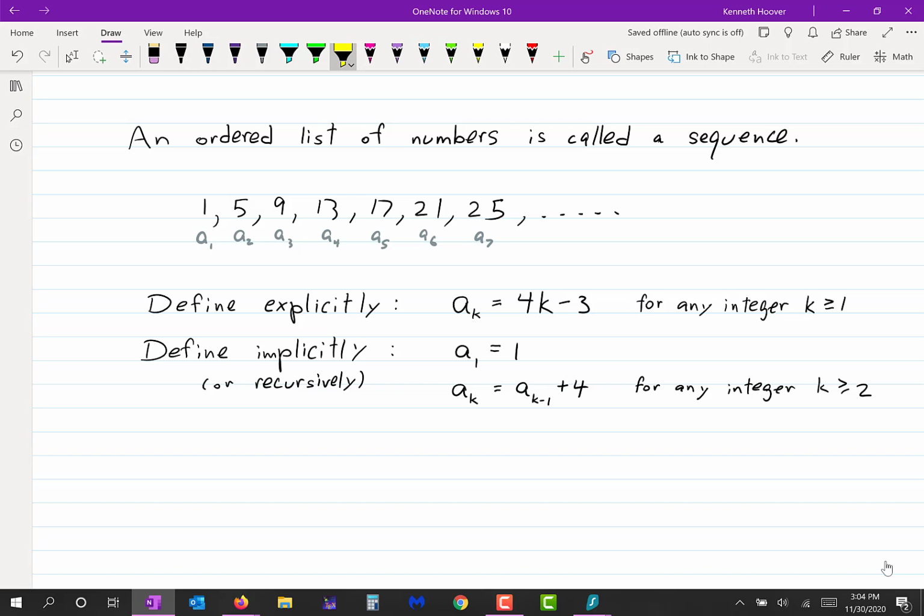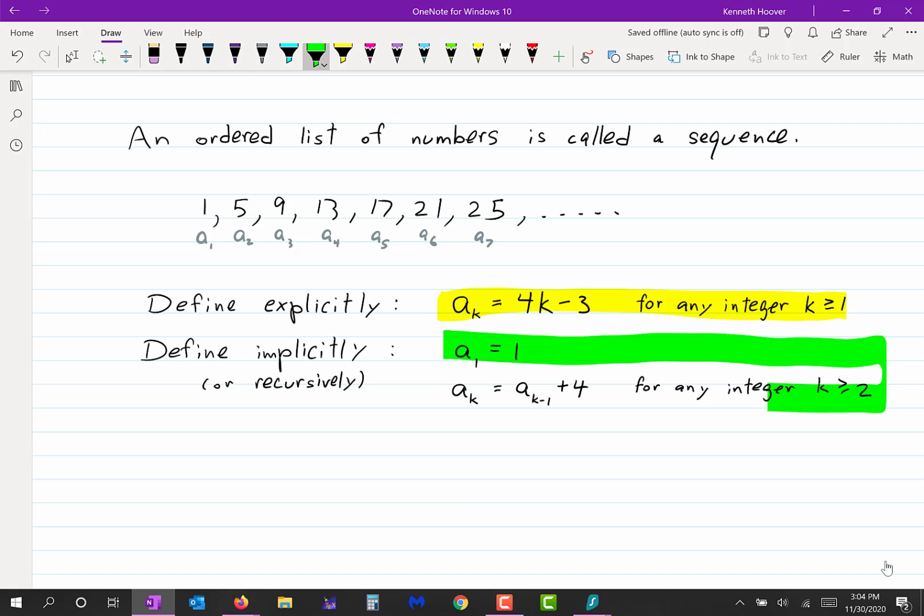Both of these, this definition and this definition, those are both definitions for the same sequence that I have written above. Some sequences you can't define explicitly, only implicitly.